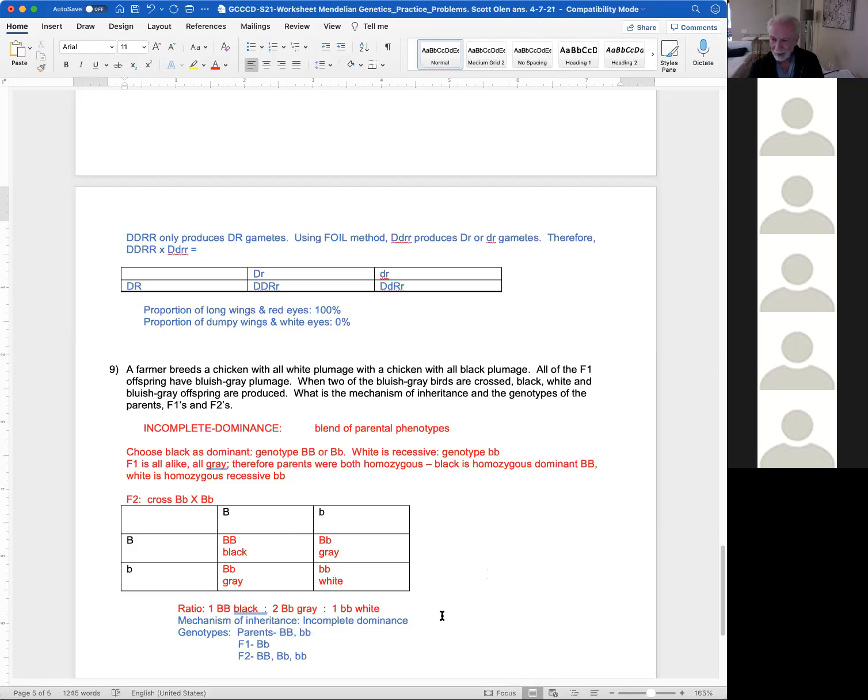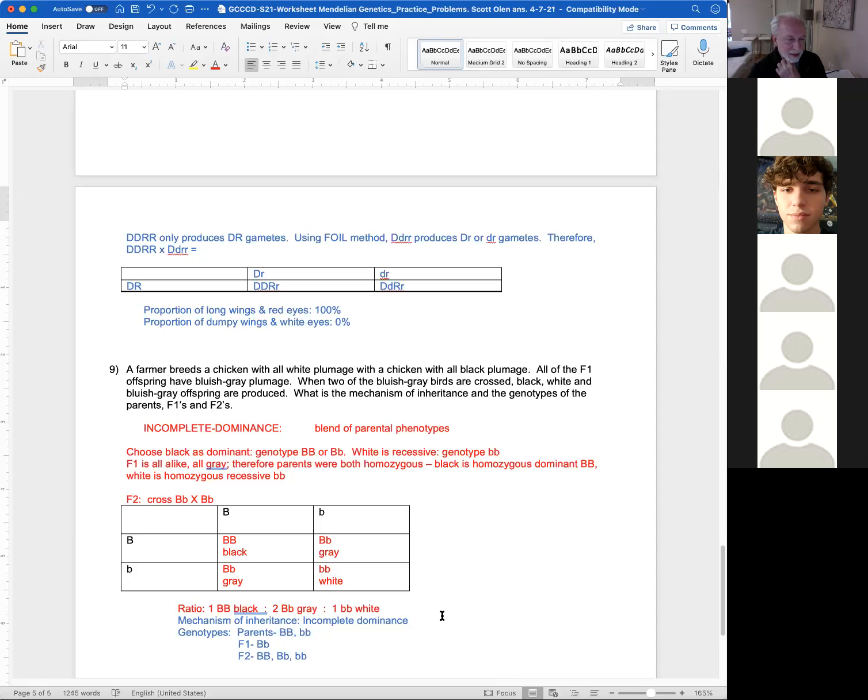Why do we call it incomplete? Because it shows like a mixture. Yeah, a mixture, or some people would say a blend.